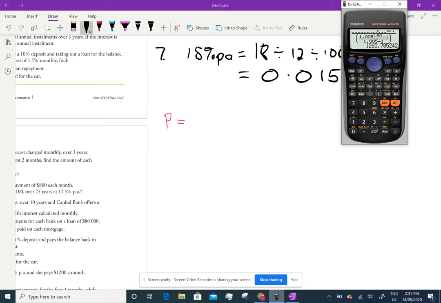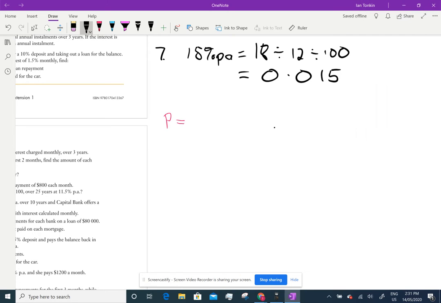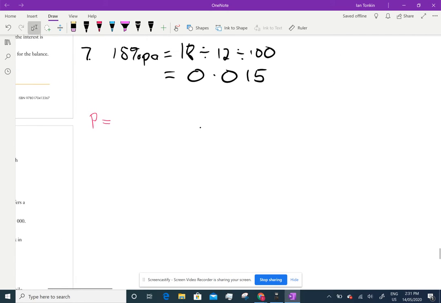I'll just show you that. 18 divided by 12 divided by 100. Righto. Now the time period, n is going to equal 3 times 12, but we're going to ignore the first 2 months, which is going to give us 34.